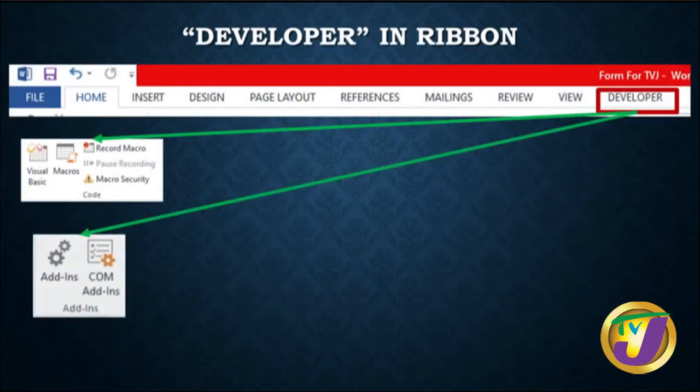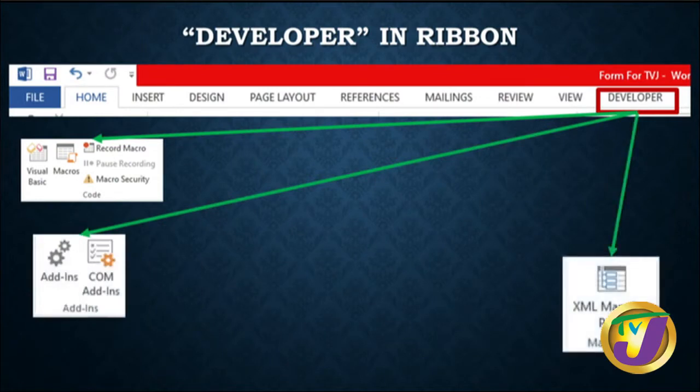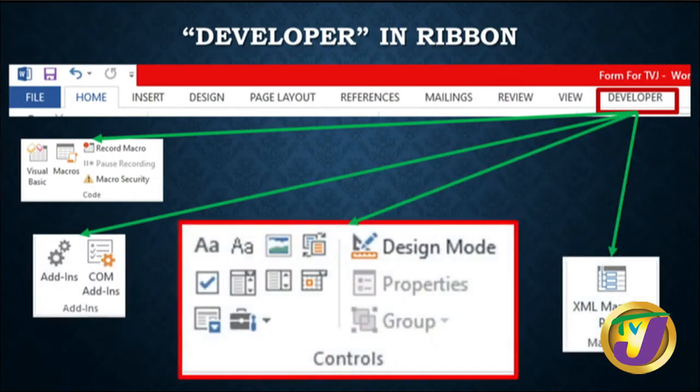Now there are a number of sections to your ribbon, but there's only one section that we're going to be focusing on. The first section at the top where you see Visual Basic, Macros and Record Macro. This might be something that you'll do at the CAPE level where you record an actual routine. So let's say, for instance, I'm in Microsoft Word and I wanted to increase the font size of a particular word.